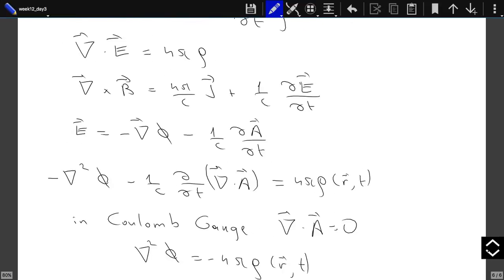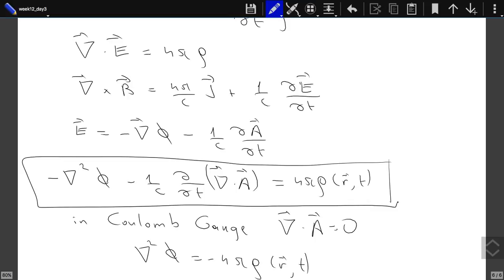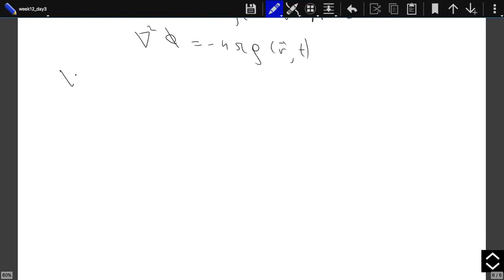Now let's look at the B, the second equation. Phi and A should satisfy this equation. If they satisfy that equation, they solve this first equation. Now let's look at the second equation.